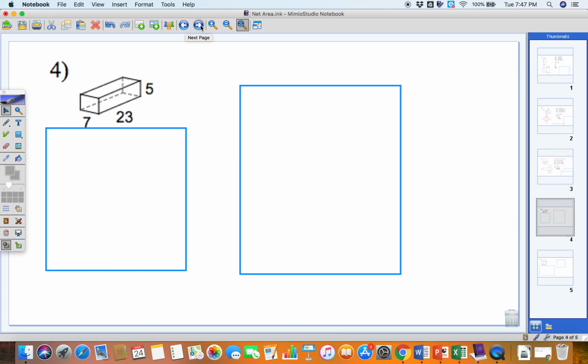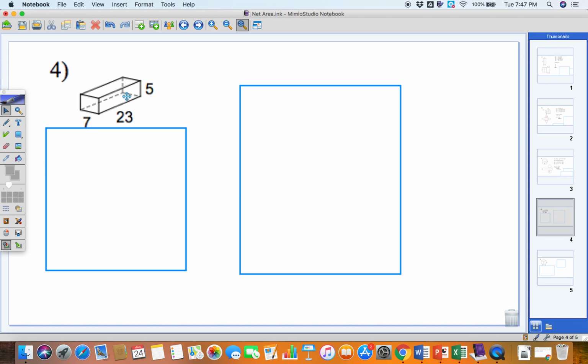So then we have a rectangular prism. I know this is a rectangular prism because the bases are all different. So here we have, if we look at this, what appears to be a square here on the end, it has a base of 7 and a height of 5, which means it's not a square. It's a rectangle.